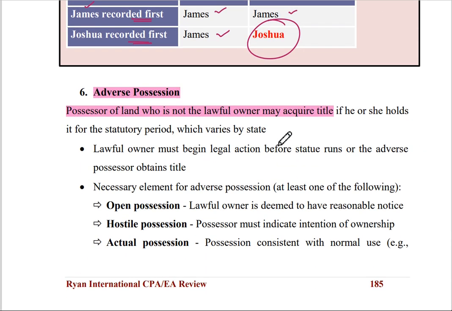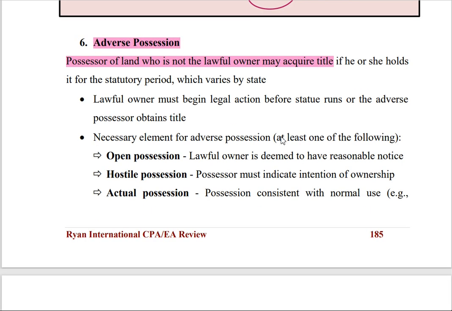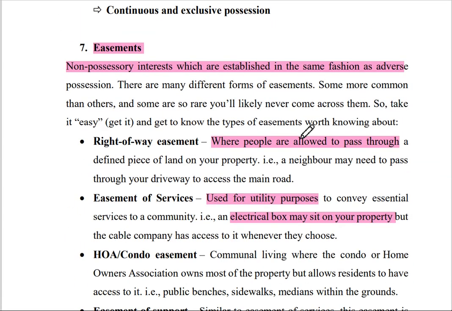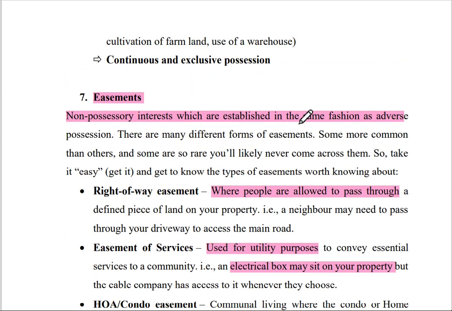Sometimes, possession of land goes to an unlawful owner due to certain circumstances. By probably open possession, you use it for a reasonable period of time and demand ownership in the real property, or hostile possession or actual possession. So there are certain issues related to easements.